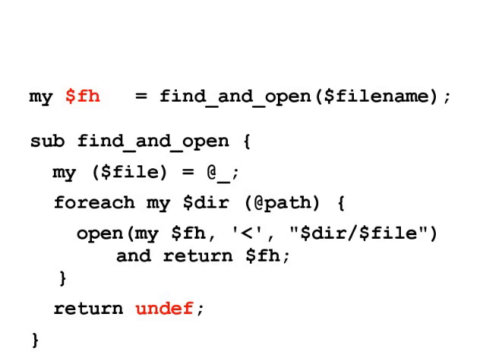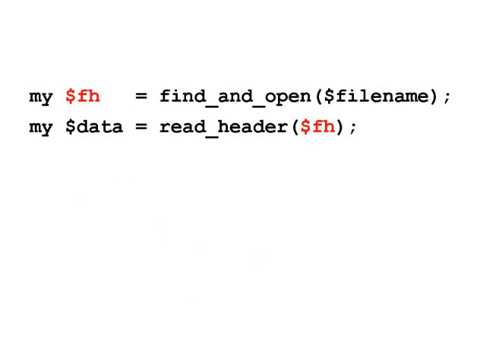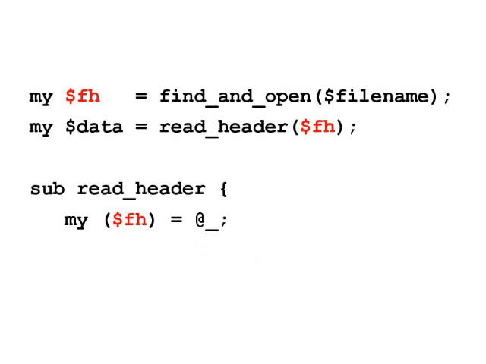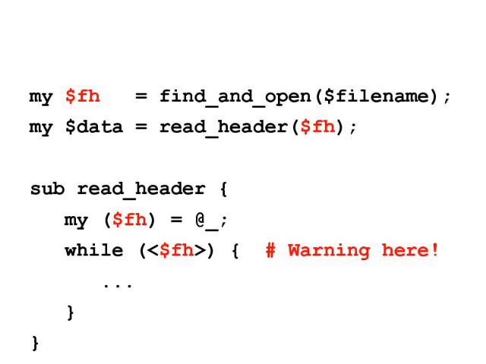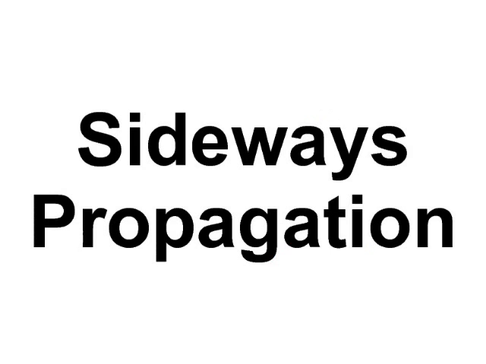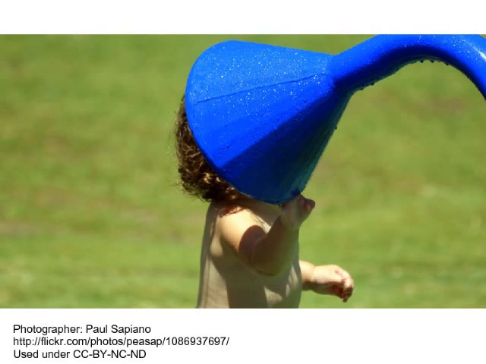Unfortunately, often people don't check for those undefined values, and they simply pass them through to another subroutine, in this example, read header. Read header can take that file handle and try to read from it. Where we actually get the error reported from Perl is this line here, even though the actual error was in a completely different subroutine, quite some distance away. Damian Conway calls this sideways propagation, and it sucks in strange and interesting ways.